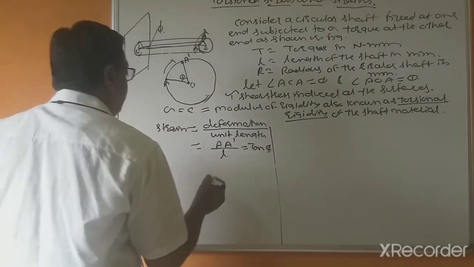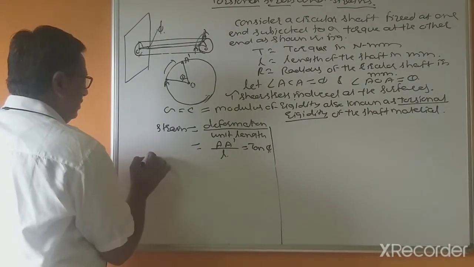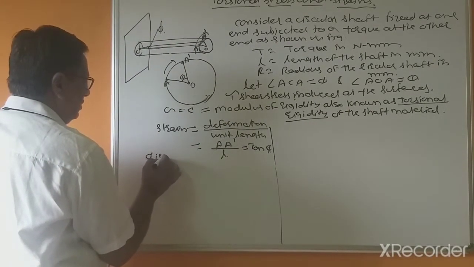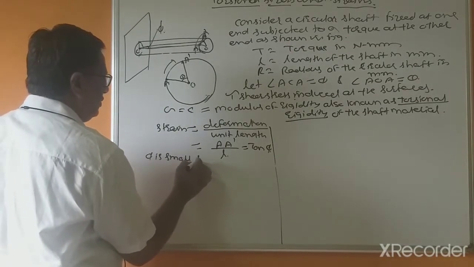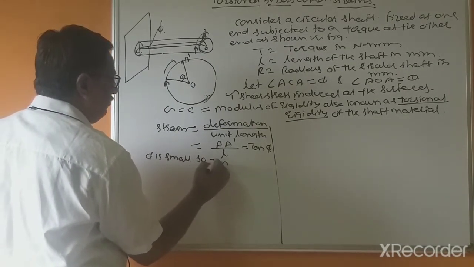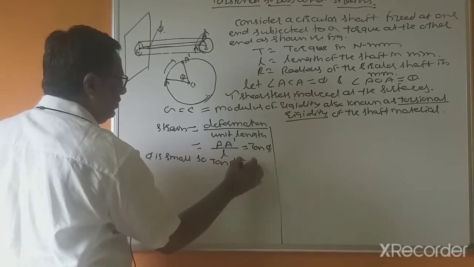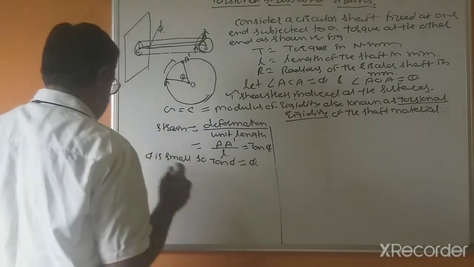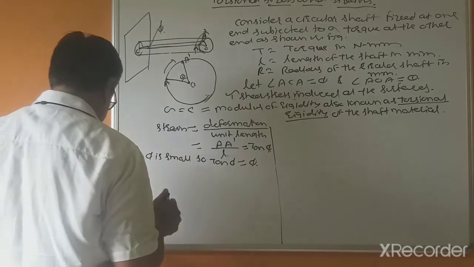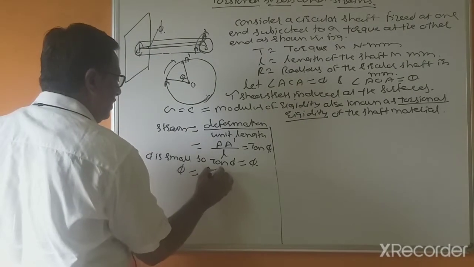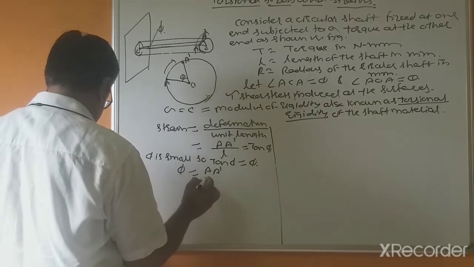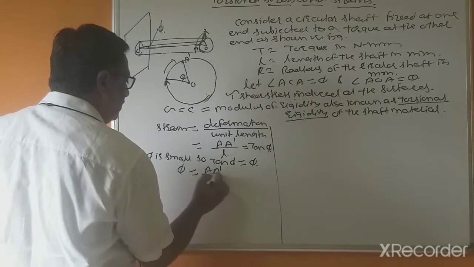This phi is small, so tan phi equals phi. So that's why phi equals A dash divided by L.